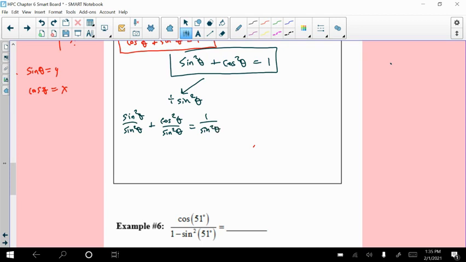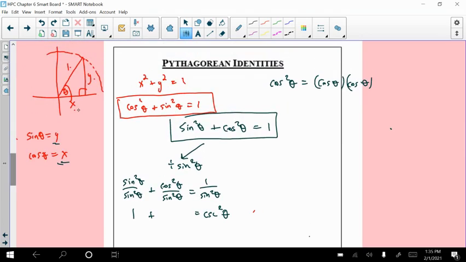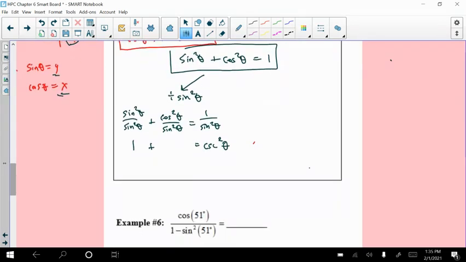If we simplify this, sine squared divided by sine squared is 1. The reciprocal of sine squared over here is cosecant squared. And if we don't quite remember cosine squared over sine squared, that's the x component divided by the y. So in a triangle, if you have the x divided by the y, you're cotangent. So this is cotangent squared. So that's our second one we have to know.